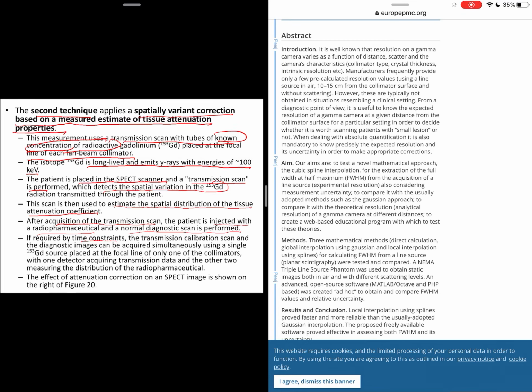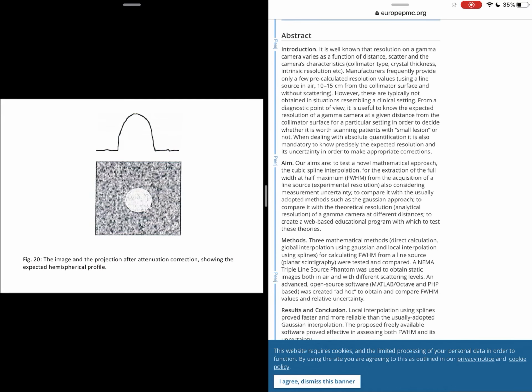After the acquisition of the transmission scan, the patient is injected with the radiopharmaceutical and the normal diagnostic scan is performed. If required by time constraints, the transmission calibration scan and the diagnostic images can be acquired simultaneously by using a single Gd source placed at the focal line of only one of the collimators, with one detector acquiring transmission data and the other two measuring the distribution of the radiopharmaceutical.